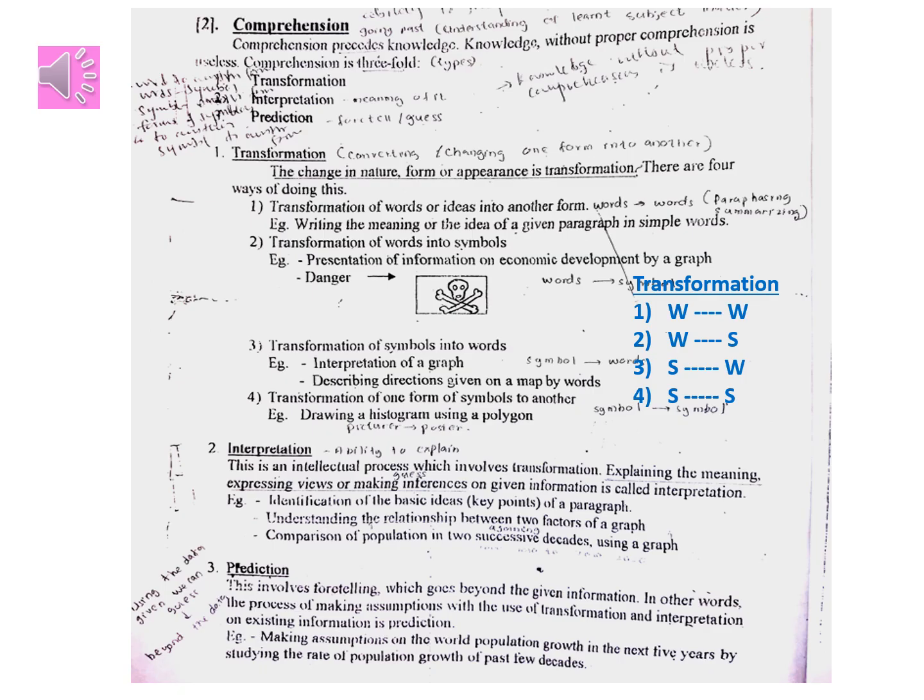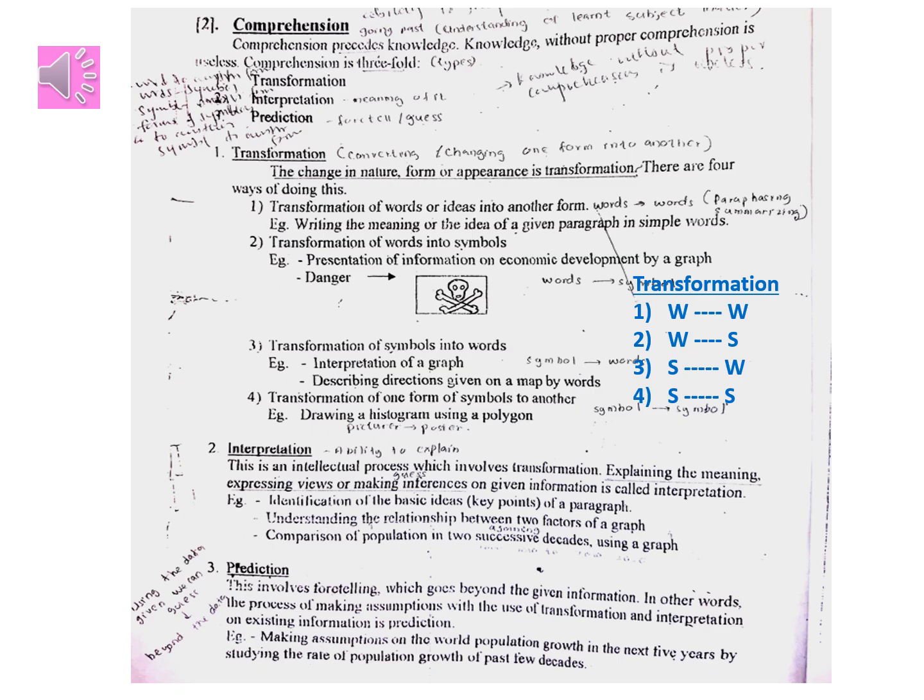Transformation. The change in nature, form, or appearance is transformation. There are 4 ways of doing this. 1. Transformation of words or ideas into another form. Example, writing the meaning or the idea of a given paragraph in simple words.